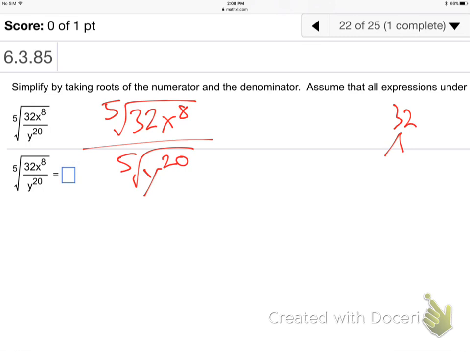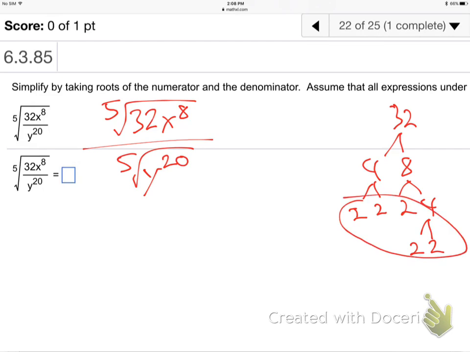We've seen 32 once today already. Remember, he's 5 2s. Oh, that's convenient. So 5 2s in, 1 2 out on the top, right? Because the 32 came from the top. So 1 2 outside on the top.